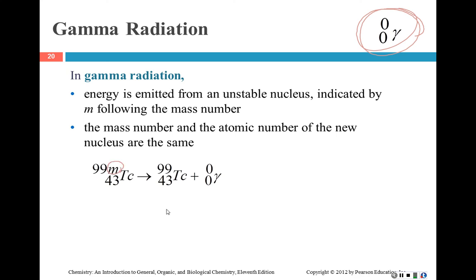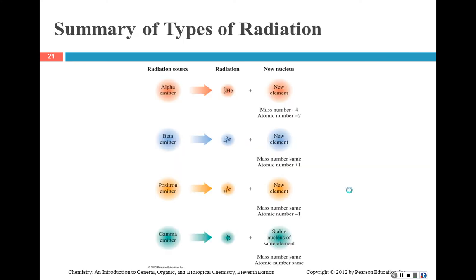The M is the unstable nucleus, and without the M is the stable form. So it's gotten rid of that excess energy so it can be stable again. So the mass and the number will stay the same. We just get rid of that M, and then of course you're going to be plus that gamma. And it's very high energy.